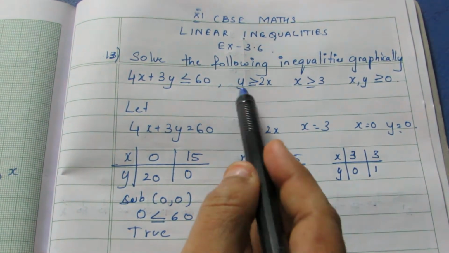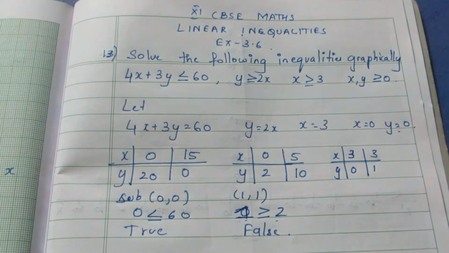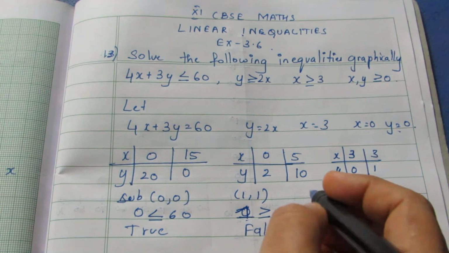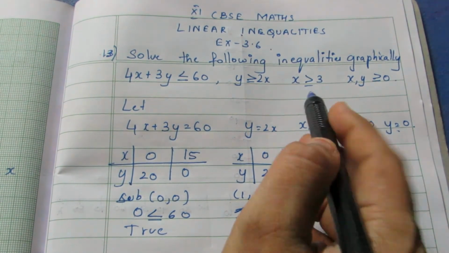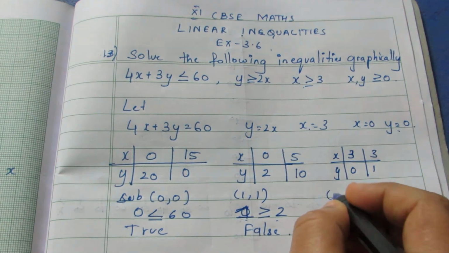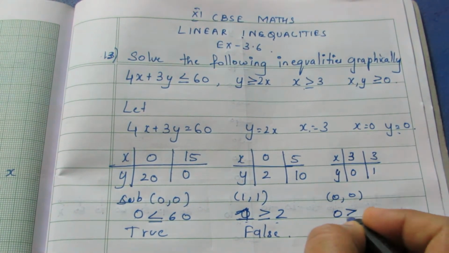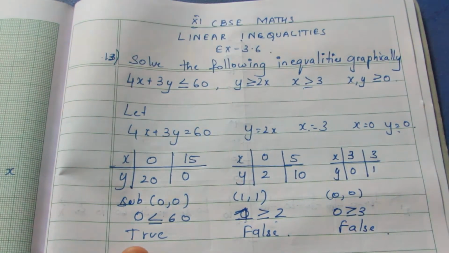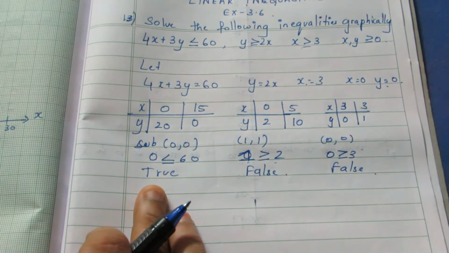Because if I substitute 0, 0, both will be the same, so I am just changing the value to 1, 1. For the third one, if we substitute the point 0, 0, it will be 0 is greater than or equal to 3. Even this is false. So only here the point 0, 0 satisfies the inequality.